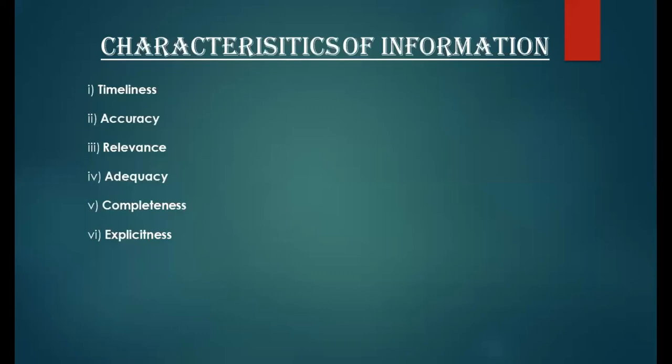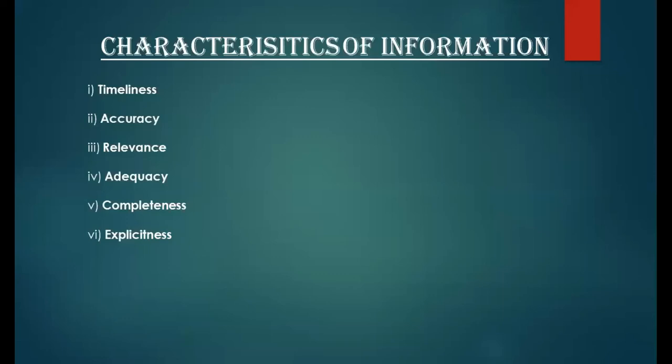Then we can talk about the relevance of that information. The information should always be relevant because many decisions are to be taken for the organization. The information should be adequate, even self-explanatory.